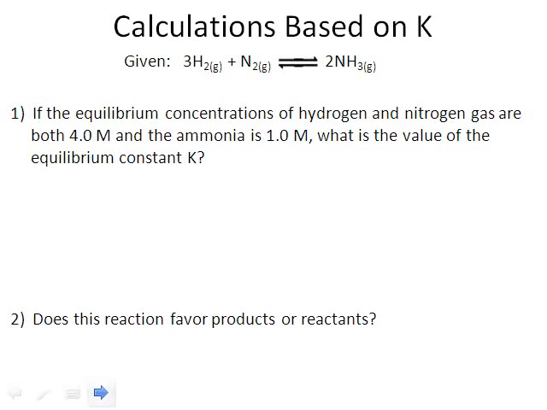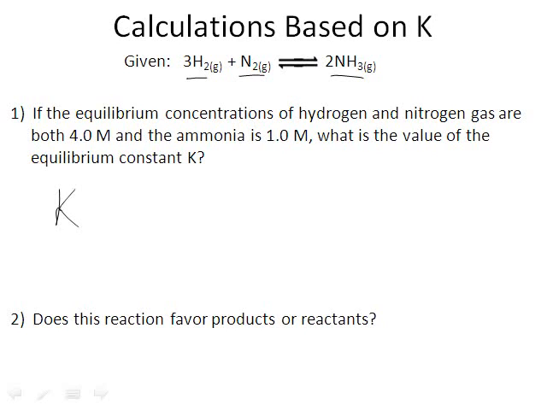If the equilibrium concentrations of hydrogen and nitrogen gas are both 4 molar, so it gives us H2 and N2, and the ammonia is 1 molar, so it gives us the concentration of ammonia also, what's the value of the equilibrium constant K? So 2 pieces to this. It doesn't give you an equation. We have to write our own equation. We have to write an equilibrium expression.